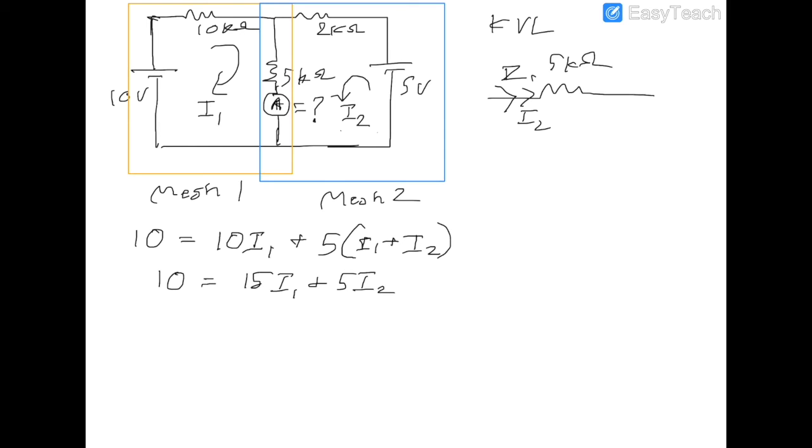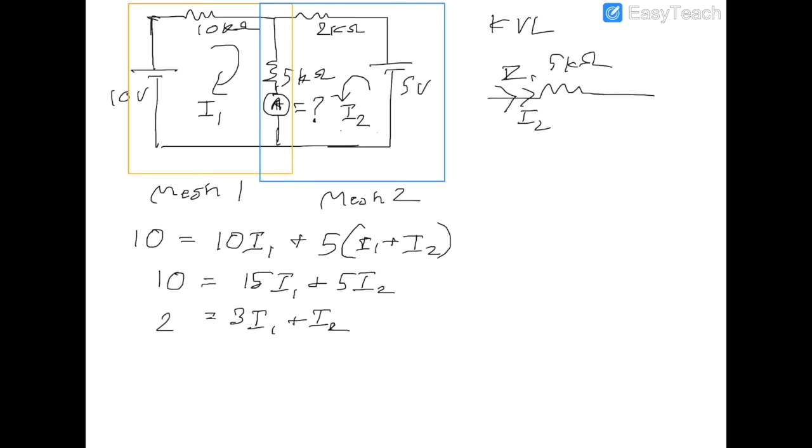And since there are two meshes, you would typically get two simultaneous equations. You can use your calculator to solve simultaneous equations, but I'm just going to divide this whole equation by 5. And rearranging the terms, I would get 2 is equal to 3 times I1 plus I2.